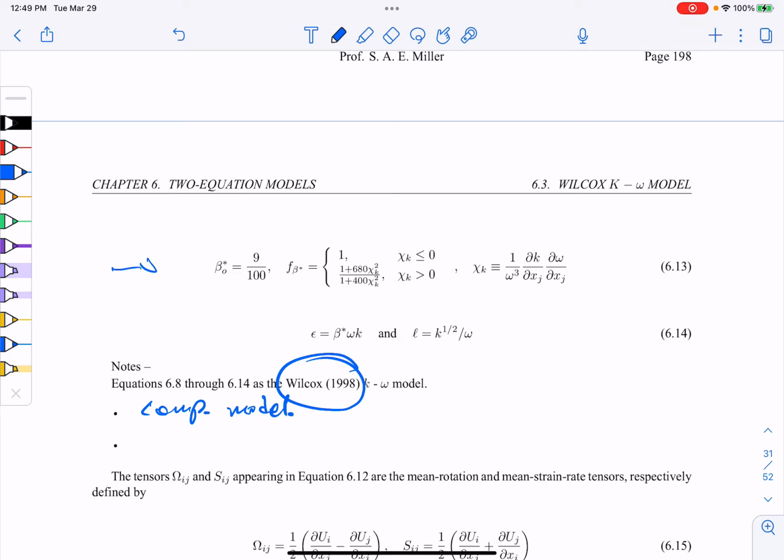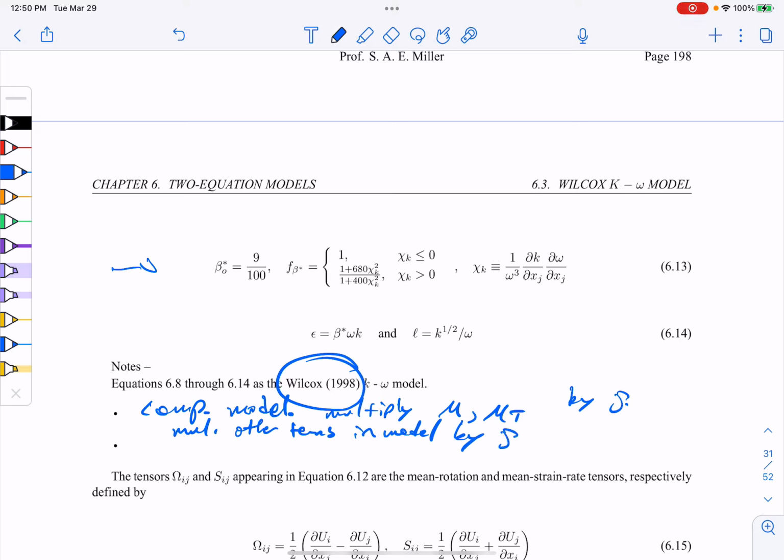And what he did was he formulated it by incompressible flow, and then if you multiply mu and mu t, the viscosity, eddy viscosity, by rho, that's one step, and multiplying all the other terms in the closure, then you'll get a compressible model.